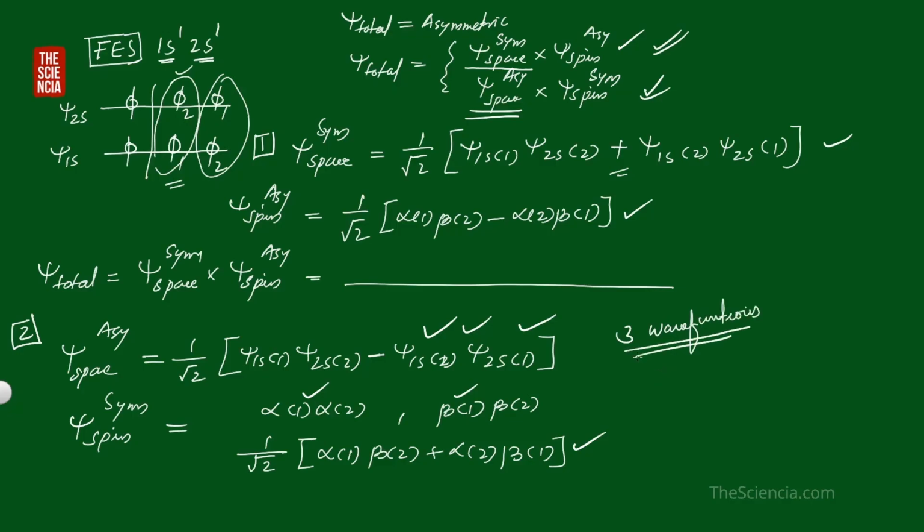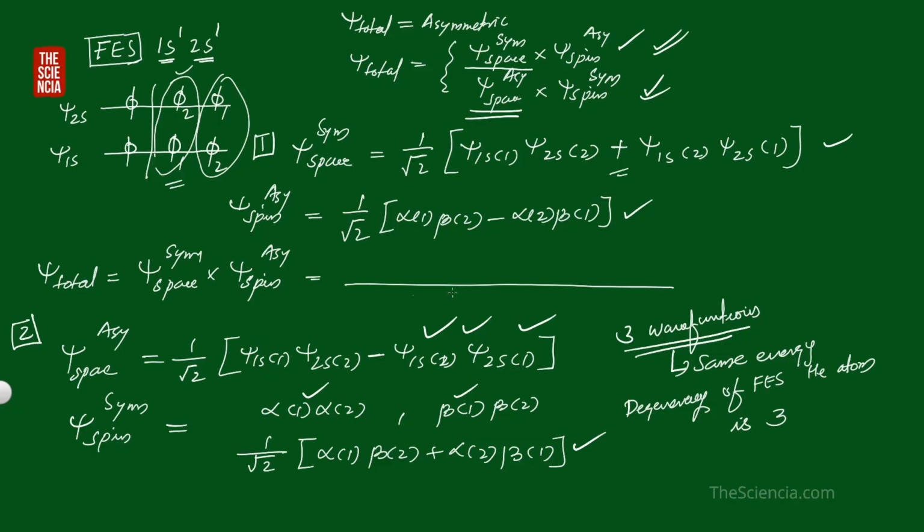And see, all three different wave functions have the same energy. Therefore, we can say the degeneracy of the first excited state of helium atom is 3.